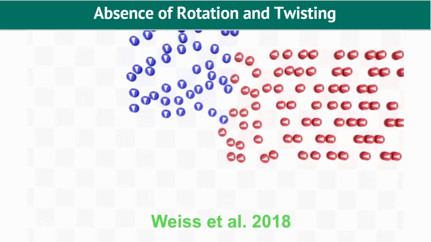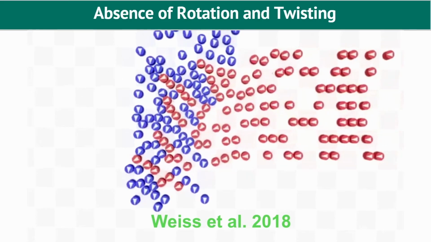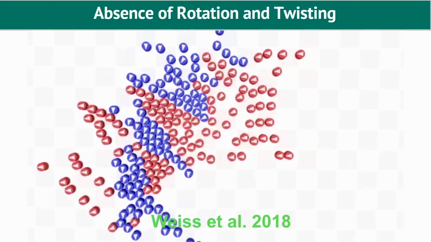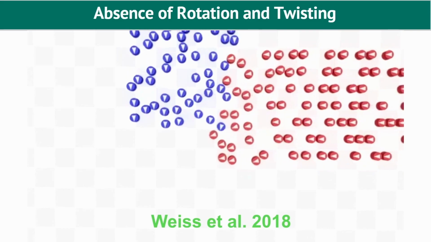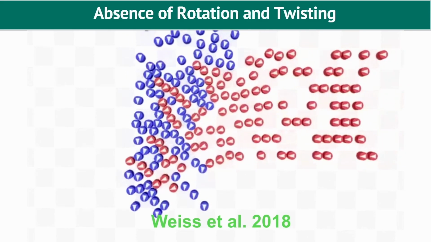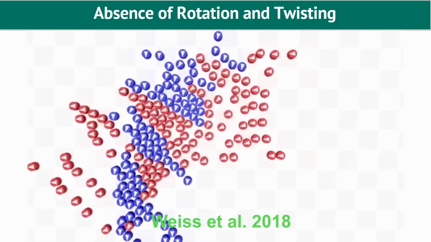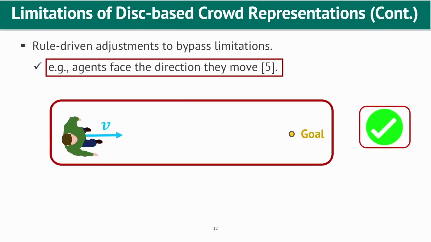For example, this is one of the disk-based crowd simulations by Thomas Wise. We can see there is an absence of rotation, which could add more visual fidelity if there was any rotation to avoid the collisions. But there are some solutions to these limitations.